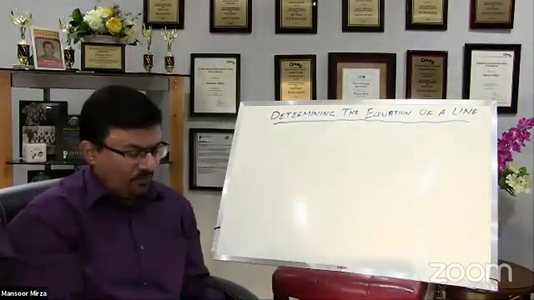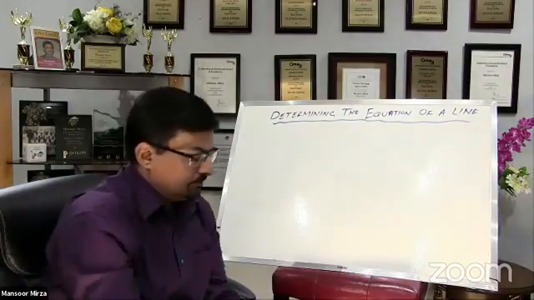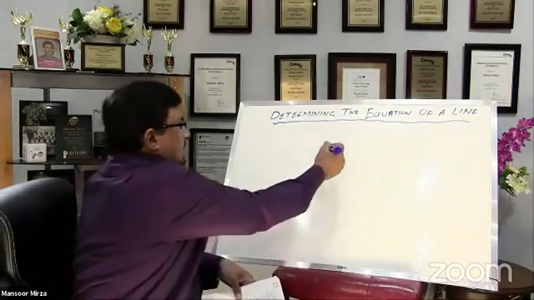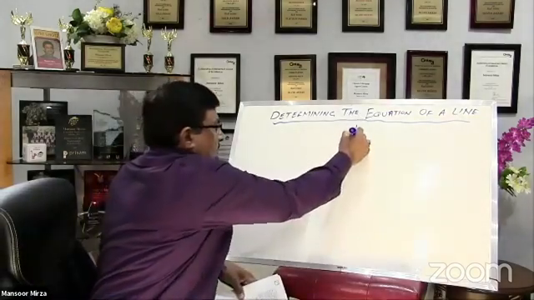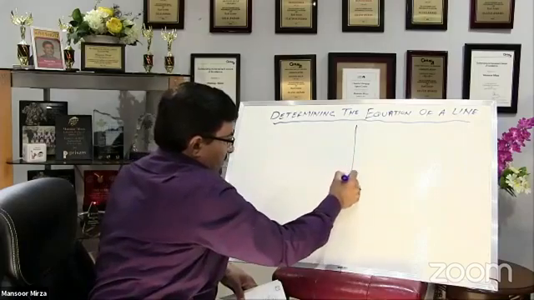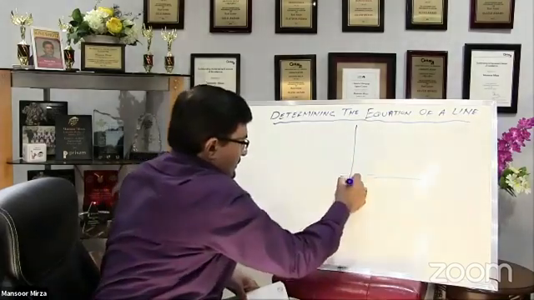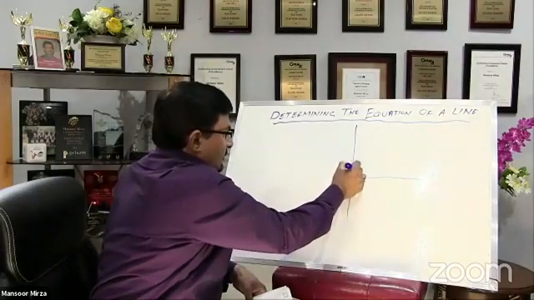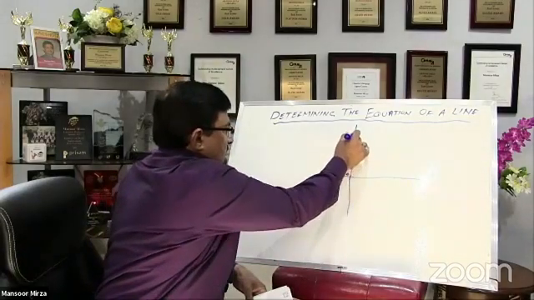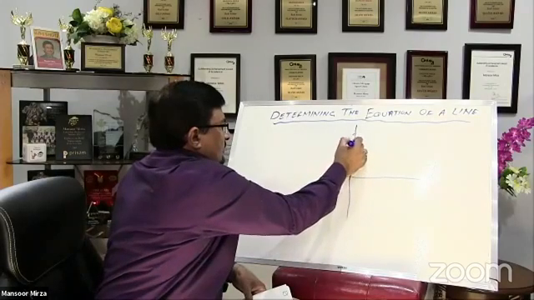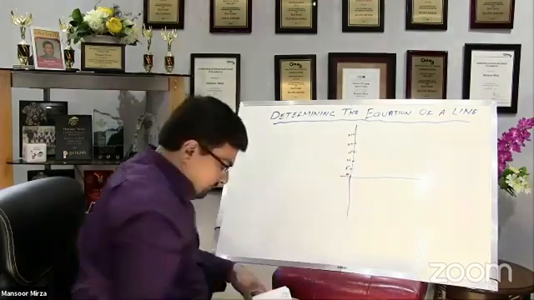So the graph I was given in this is, that's the value 0, 5, 10, 15, 20, 25.